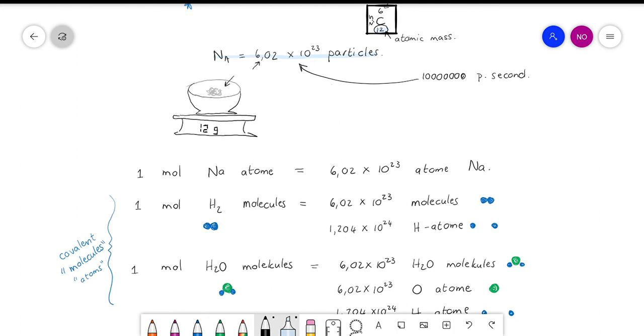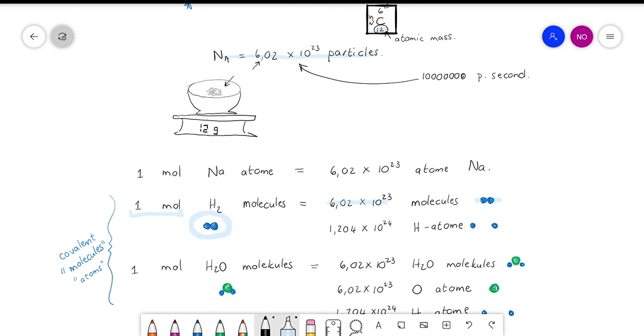Okay, goed, so 1 mol natrium atome is 6,02 maal 10 tot die mag 23 natrium atome. If you're looking at 1 mole of hydrogen gas molecules, now you have to be careful. This 1 mole refers to whatever it is that we are looking at. So then you have Avogadro's number of those molecules.